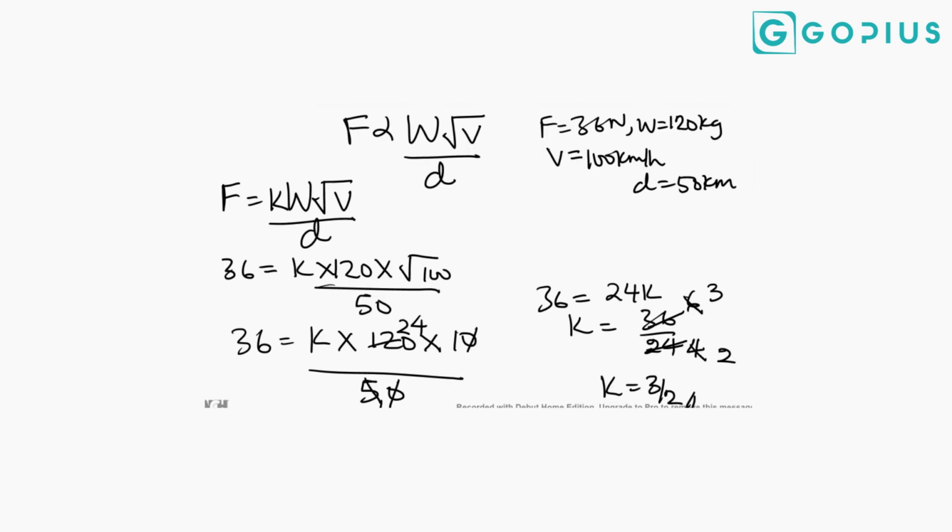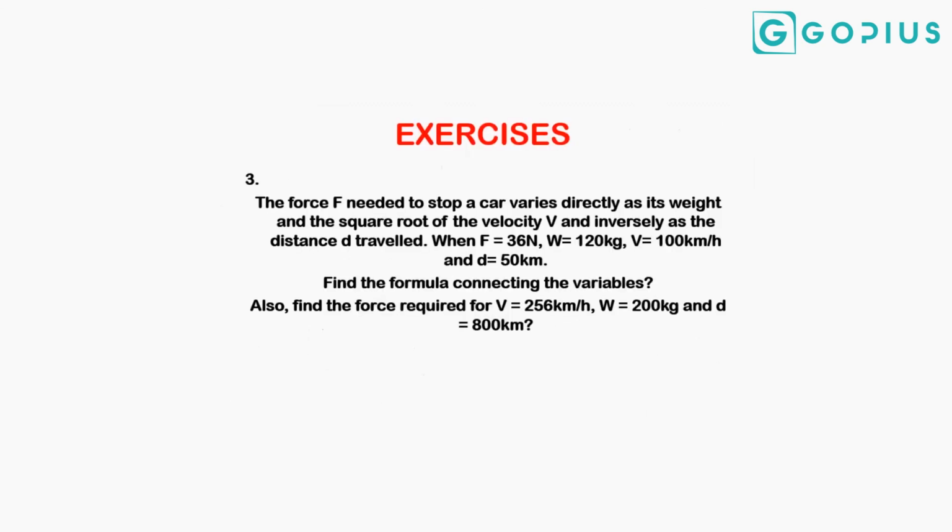We were asked to find the formula connecting the variables. All right, so we have something like this. What we had was F equals K W square root of V divided by D. All right, so since our K is 3 divided by 2, we have F equals 3 divided by 2 for K, then W square root of V all divided by D. All right, that is the formula connecting the variables.